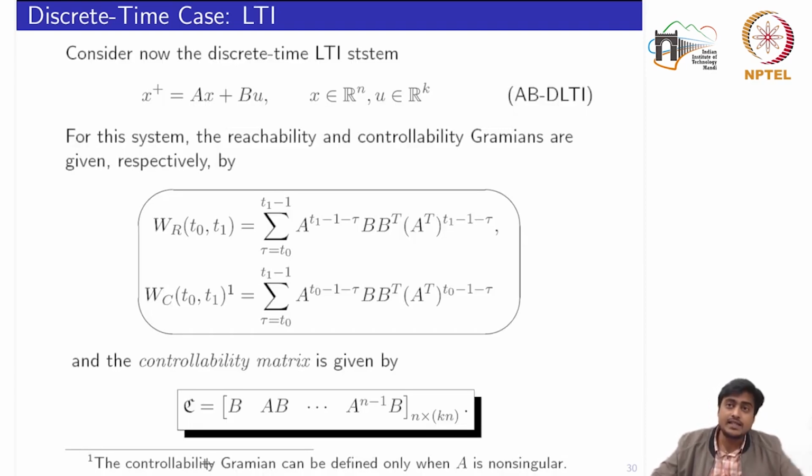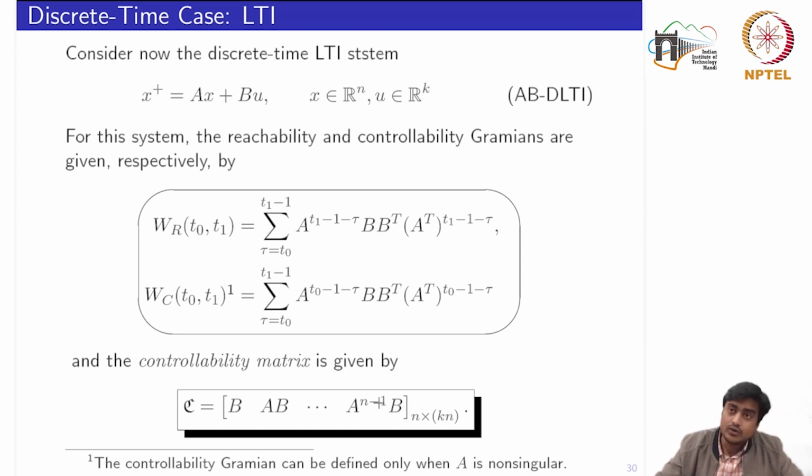Now for the LTI system, as when we discussed the continuous time scenario, we introduced one matrix which we call the controllability matrix. Again, the controllability matrix can be computed in a similar way. So there are three important parts. One is the discrete time system itself, the controllability and the reachability Gramian.